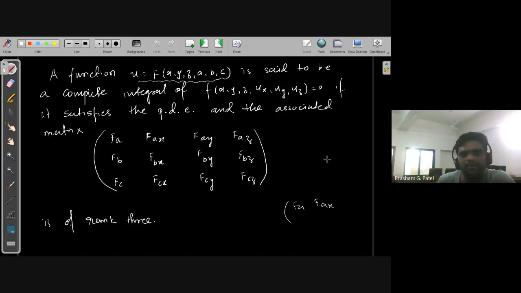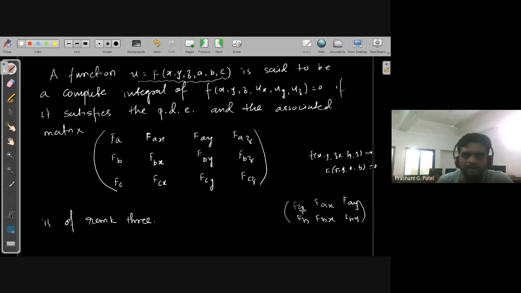In the same manner, we have a differential equation F of x, y, zx, zy, and z equal to 0. And if capital F of x, y, a, b is a solution of this differential equation, it is a complete integral if the matrix fx, fa, fxa, fay, fb, fbx, and fby is of rank 2.